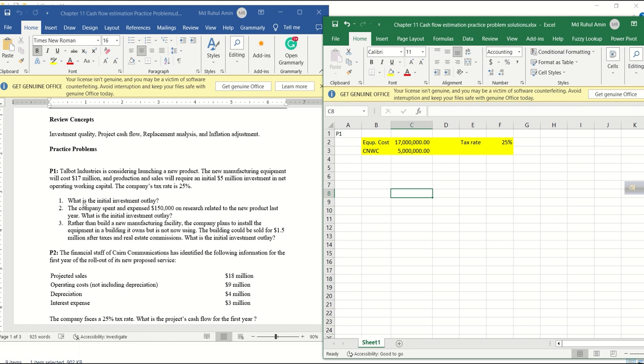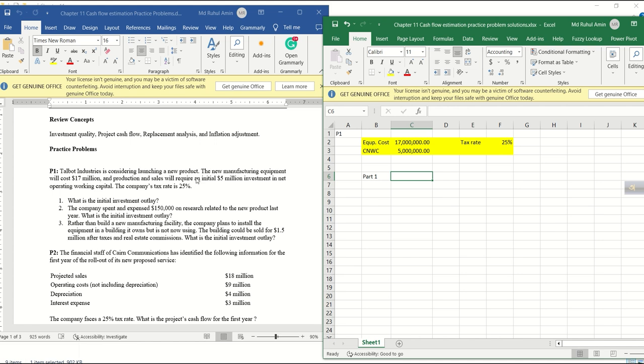So what's the initial investment today? Part A. Remember from our class discussion video, we said net working capital, if it is positive, means more cash outflow occurs, and if it is negative, means more cash inflow occurs.